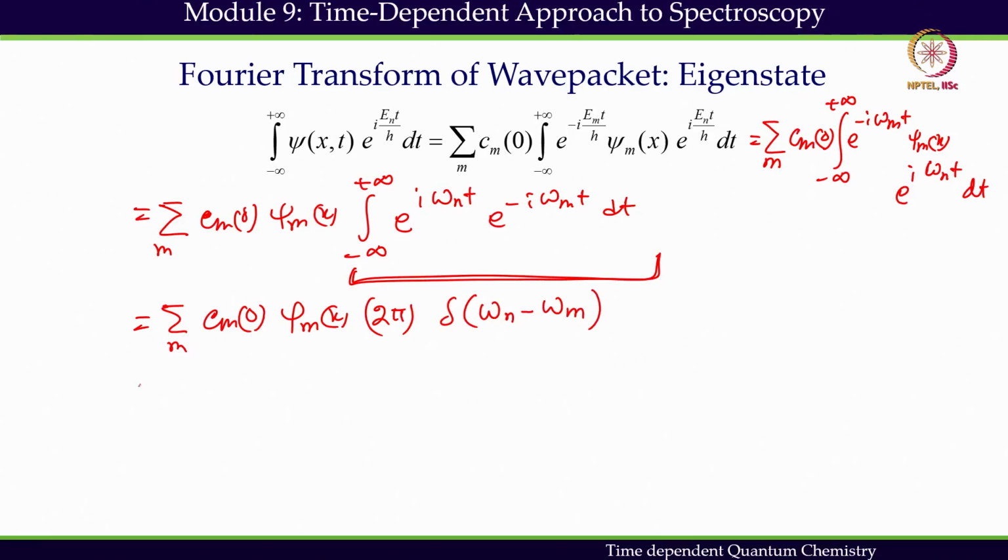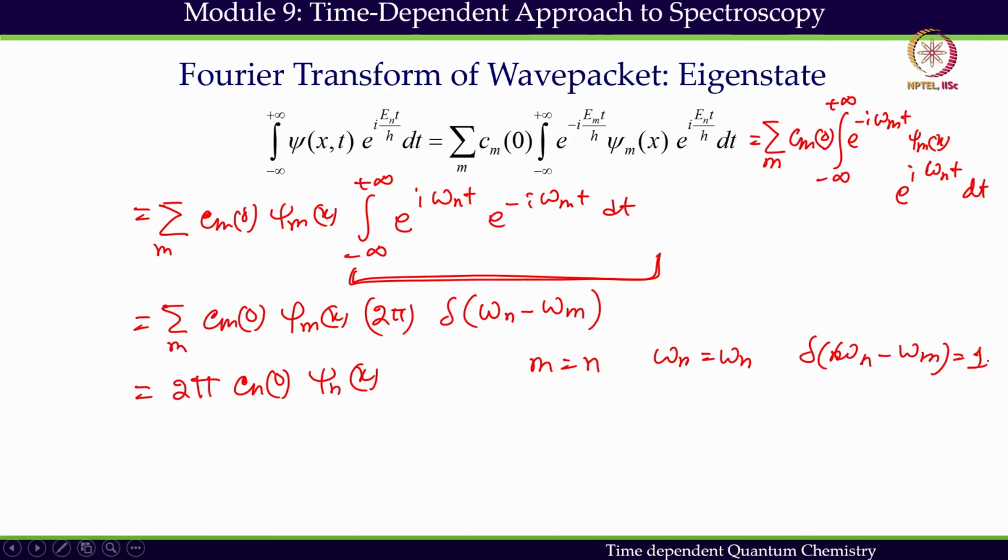If we continue this summation, then the only term which will exist is Cn0 psi n x, because for m equals n, which is omega n equals omega m, this delta will be 1. All other terms are going to be 0. So that's why the summation ends up with this simplified form.